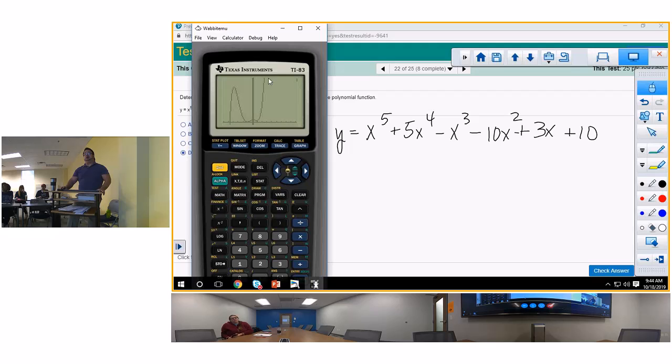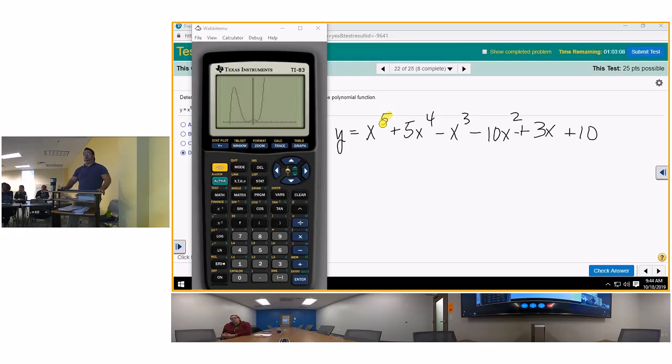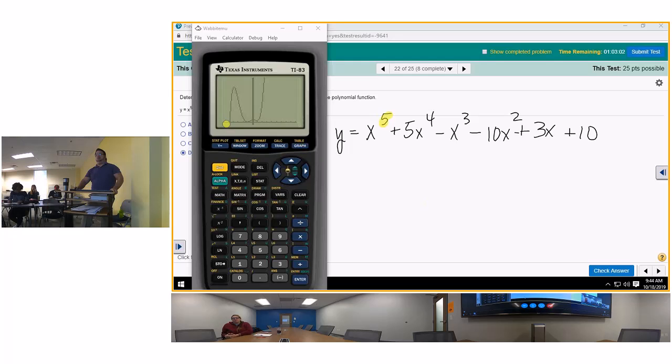See, opposite directions. X to the 5th, it's going this way and that way. So anytime you have an odd function, just take your highlighter. Odd function means it's going in opposite directions. Is that what you were asking? You didn't see this side over here.